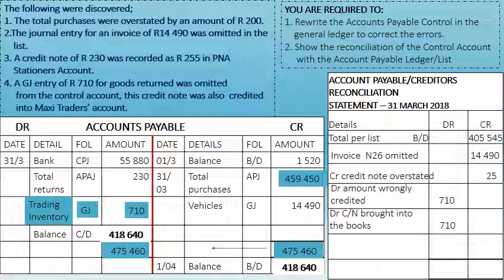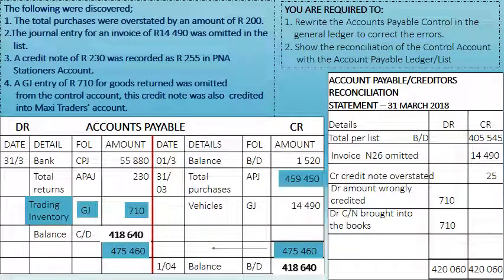Thereafter, close off the reconciliation by balancing it over using the biggest total of the credit side, calculated as 420,060. Carry it over to the debit side of the reconciliation.